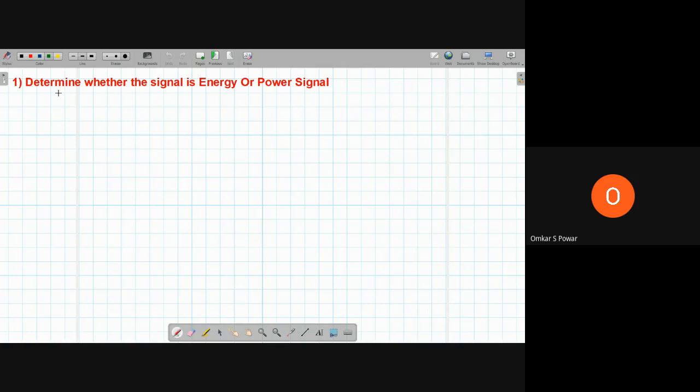Your first question is: x of t is equal to e power minus a modulus of t, for a greater than 0. Find whether the signal is energy or power. So we have to solve this question.